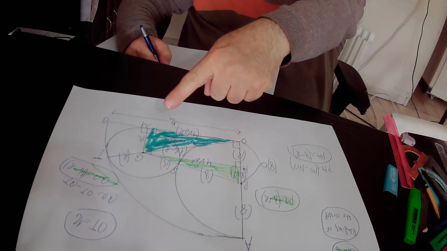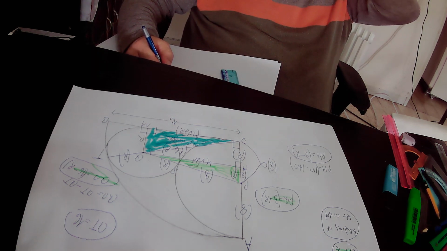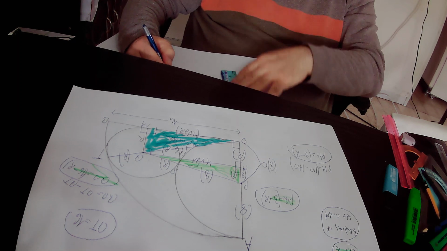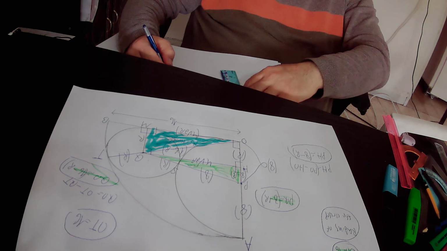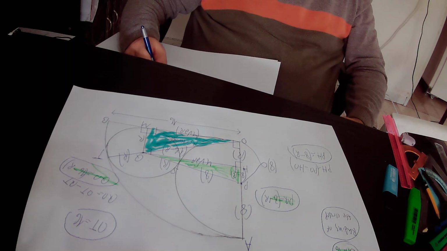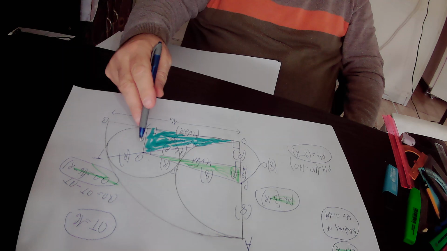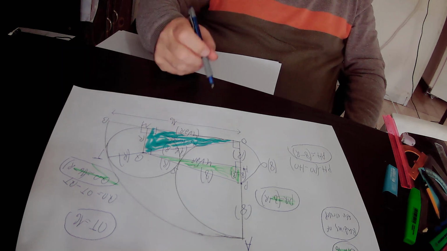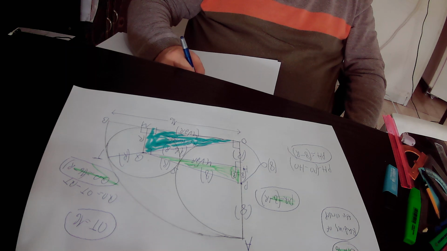Side QM equals R. It is the radius that we are looking for in this question, the radius of the small circle. And the hypotenuse QO equals 16 minus R. That is what we just now found out.